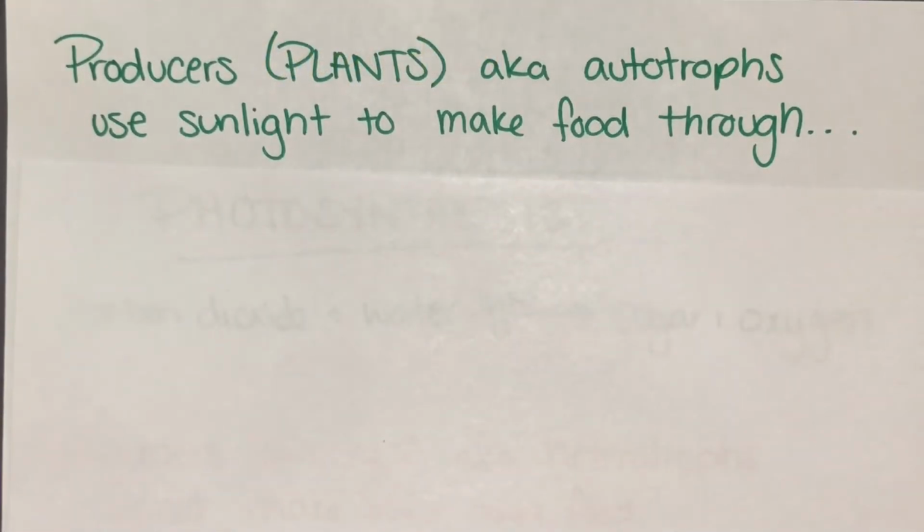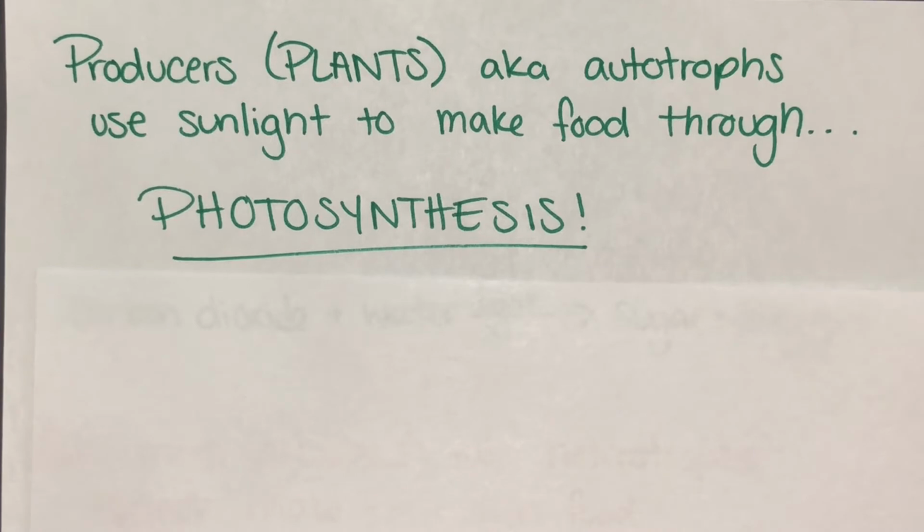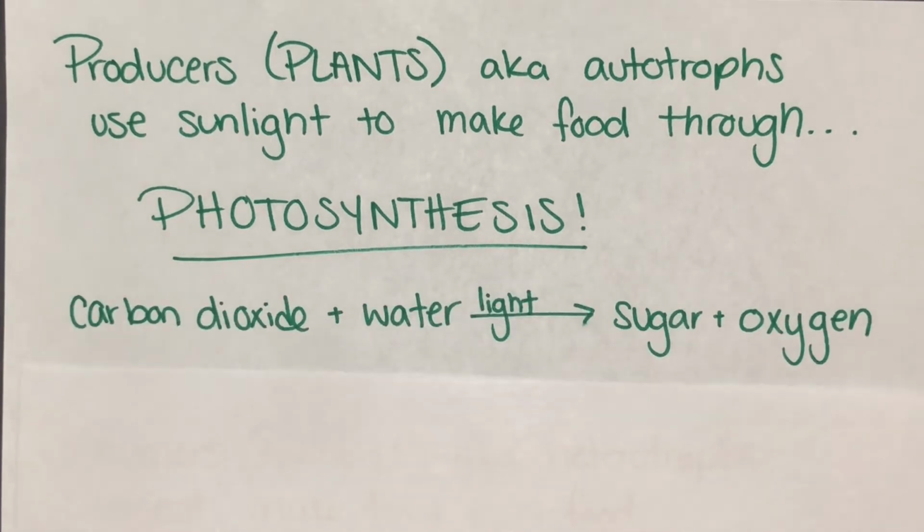Producers, which are mostly plants, produce their own chemical energy or food through photosynthesis. They convert carbon dioxide, water, and radiant or light energy into glucose, a simple sugar, and oxygen. They are also called autotrophs. Auto meaning self and troph meaning method of obtaining food. So they make food themselves.